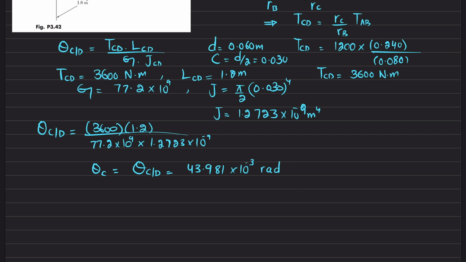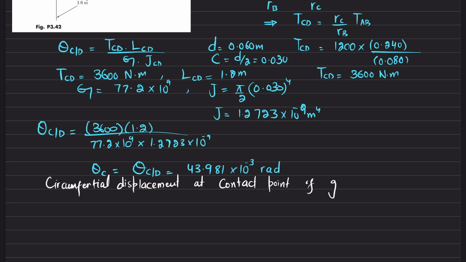Okay, so circumferential displacement at contact point of gear B and C and B will be equal.